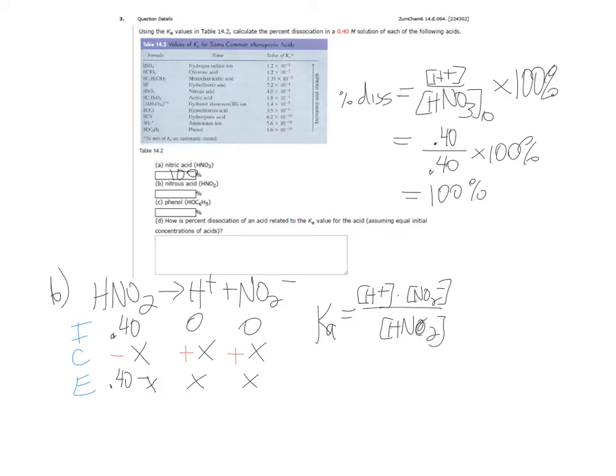We've got to find x in the ice table. Well, we plug in x times x all over the expression 0.4 minus x. We can safely assume that 0.4 minus x is roughly equal to 0.4. And if we can do that, then the equation becomes a lot easier to solve.